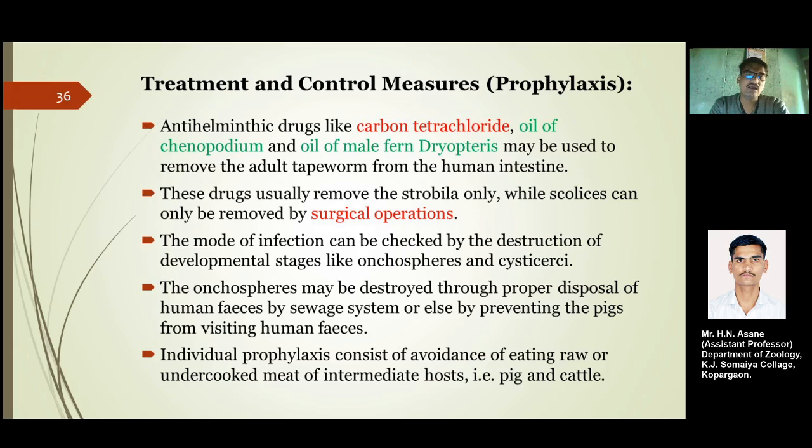Antihelminthic drugs like carbon tetrachloride, oil of Chenopodium, and oil of male fern, Dryopteris, may be used to remove the adult tapeworm from the human intestine. Treatment is possible with this drug known as carbon tetrachloride.